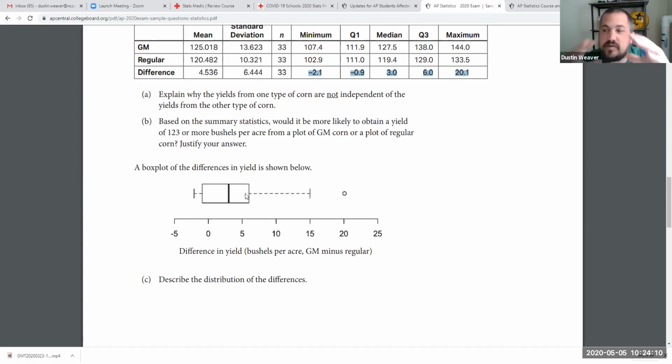If it looks like you have the tail on both sides and most of the data is in the middle, that's approximately normal or approximately symmetric, either way. Okay, so this one, because we have this long tail out here, and it always is skewed towards an outlier, but because we have this long tail to the right, then the shape of the distribution is skewed to the right. Now, outliers. What would we say about outliers?